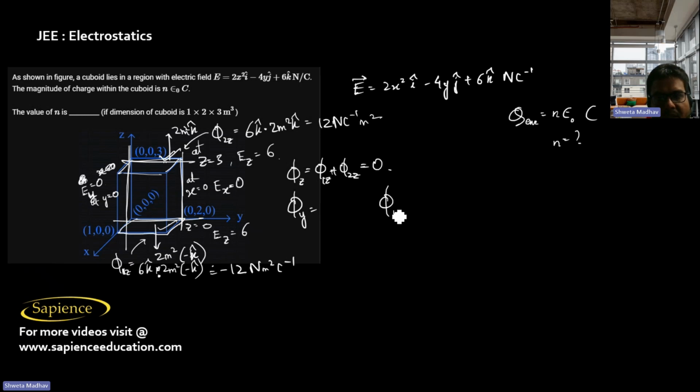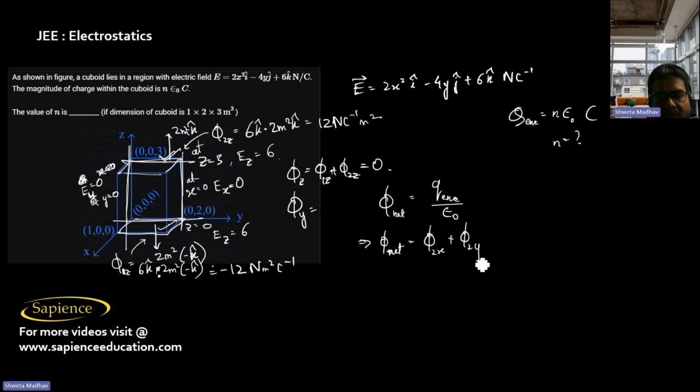So the net electric flux is equal to the net charge enclosed divided by epsilon naught. The net flux will be equal to the flux through this front surface, phi 2x, plus the flux through the right face, phi 2y.